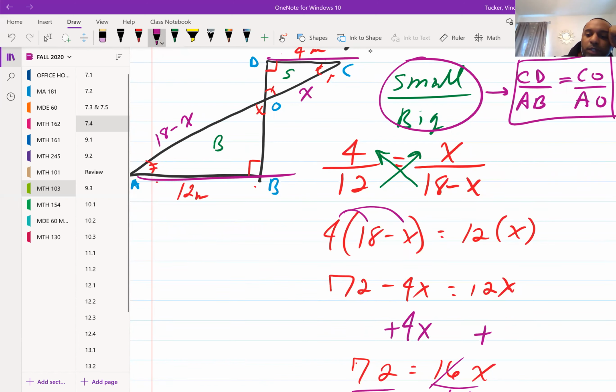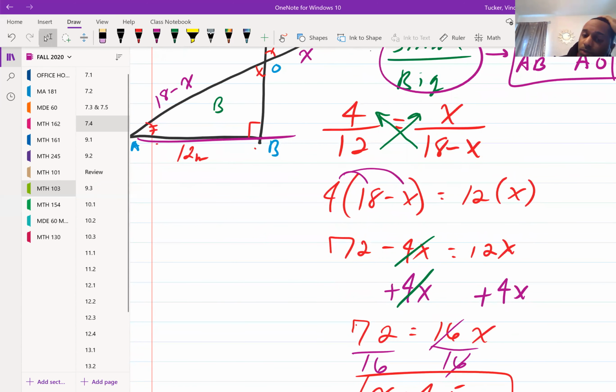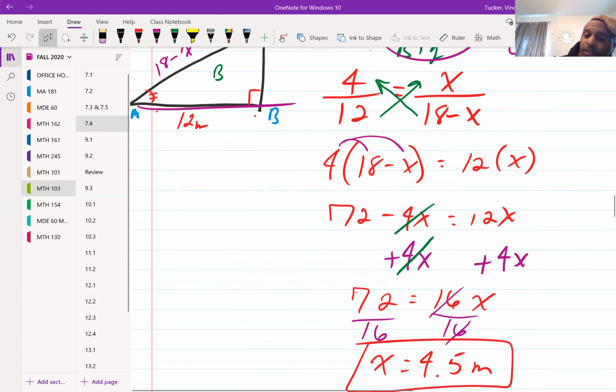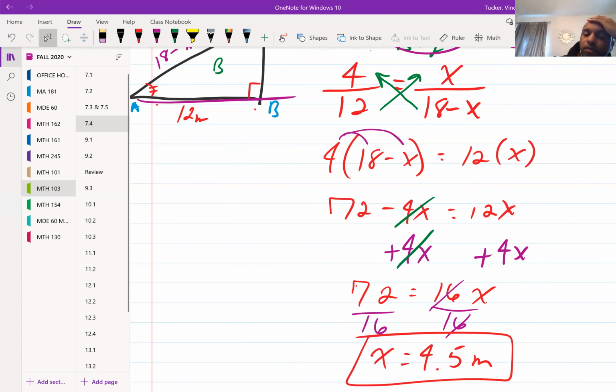Add 4x to both sides. That'll be 72 equal to 16x. And then when you divide by 16, x equal to 4.5.